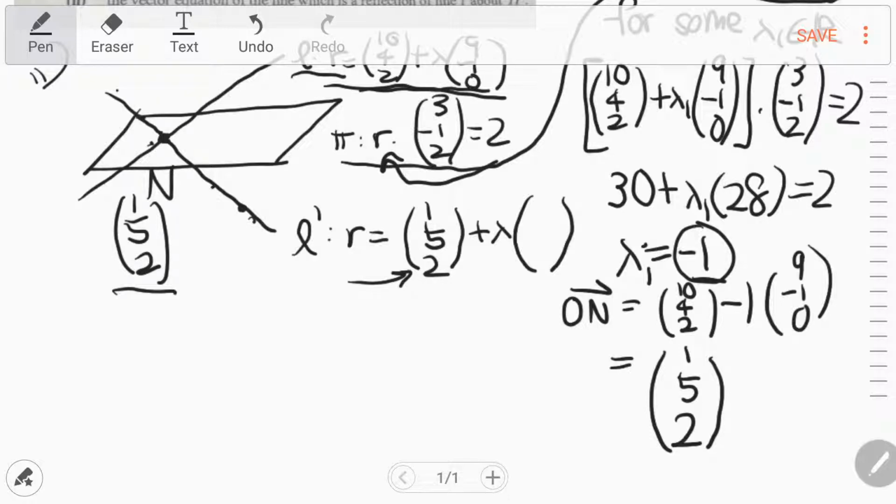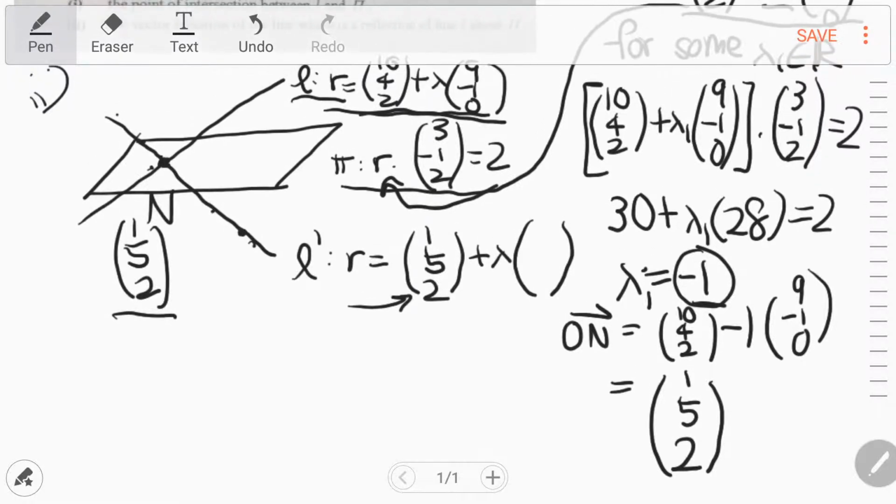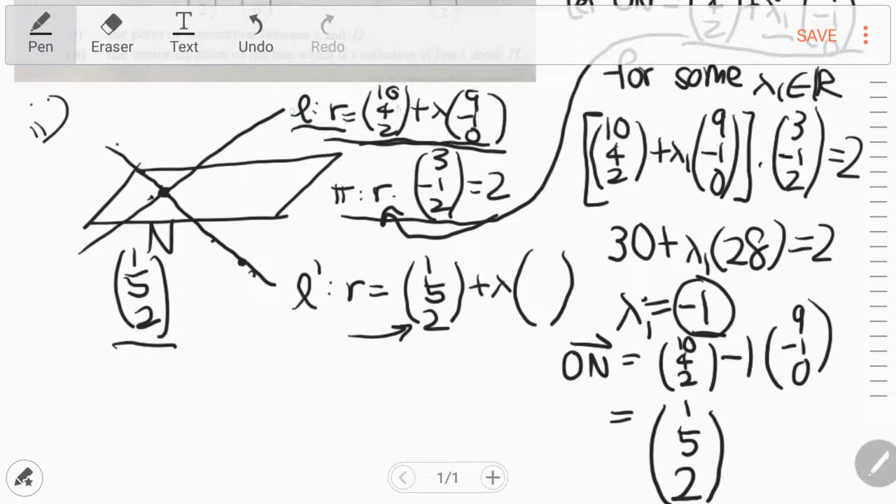Any point would do. I can use any point on the original line, like (10, 4, 2), because this position vector is on this line.